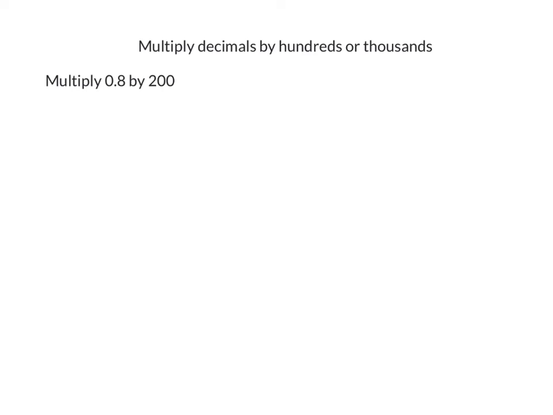For our last example, we're going to multiply a decimal by a multiple of 100. Just like when we multiply by a multiple of 10, we're going to break apart our multiple of 100. So we're going to break apart 200 into 2 times 100. So if we multiply 8 tenths by 200, it becomes 8 tenths times 2 times 100.